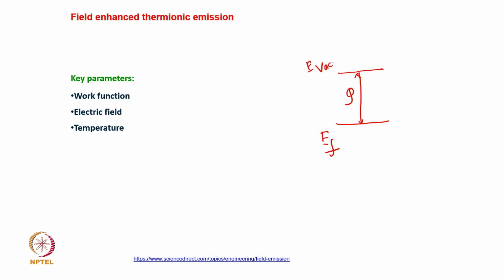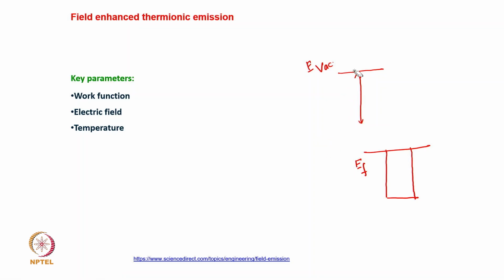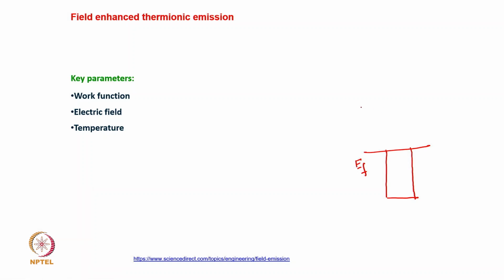Okay. Now, this is a picture which I have given initially also, this is the Fermi level, this is the vacuum level, all right, and this is the work function phi.